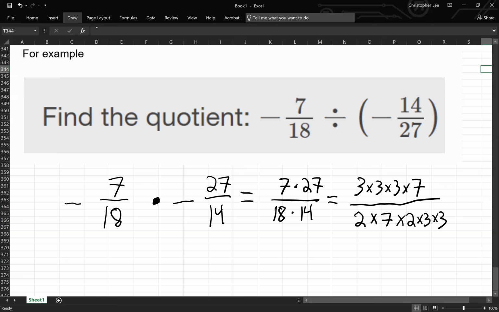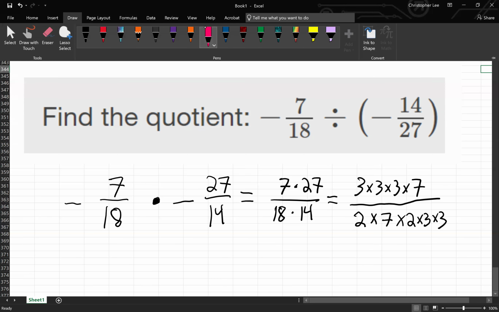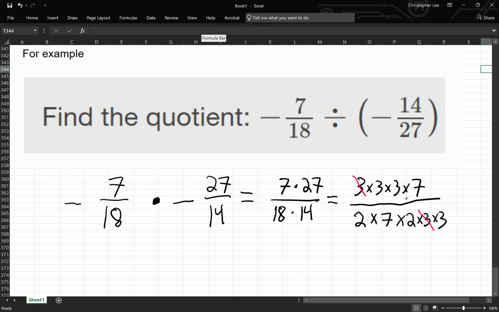All right, help me out. Which numbers are the same on the top and the bottom? I got a 3 here, a 3 here, a 3 here, a 3 here. What else? A 7 here and a 7 here. I can't knock out that other 3 because there isn't a matching 3 on the bottom.